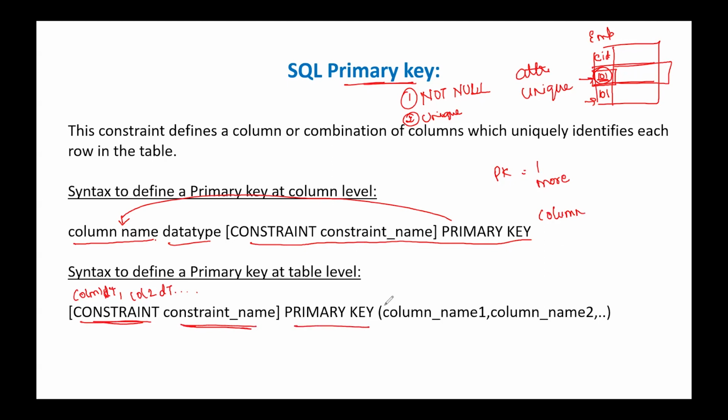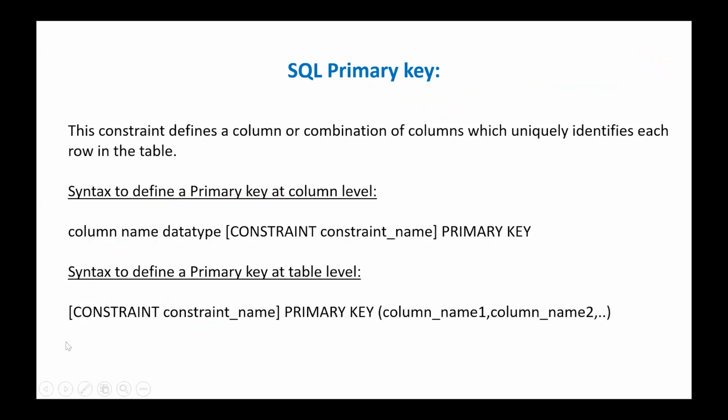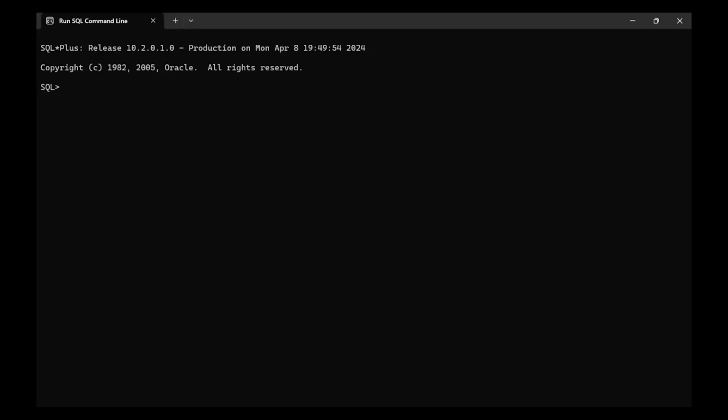Then I will mention primary key, and inside the bracket, I will mention which columns are part of this primary key. It can be one or more. Okay. So in this example, I can mention primary key inside the bracket, employee ID, because employee ID is my primary key. Right? So when we do our practicals, it is going to be clear to us. So let us move to the practicals. So let us connect first.